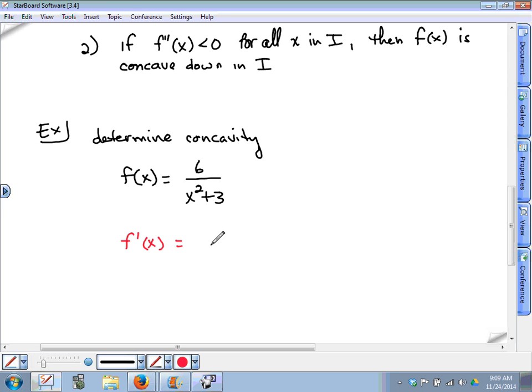Well, let's do the second. No, let's do the first derivative. Low. What is the derivative?